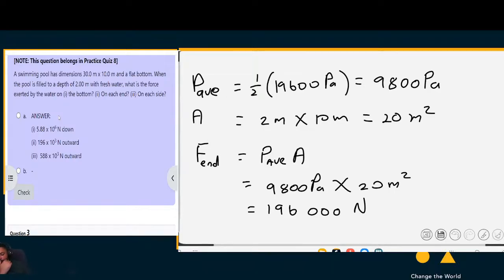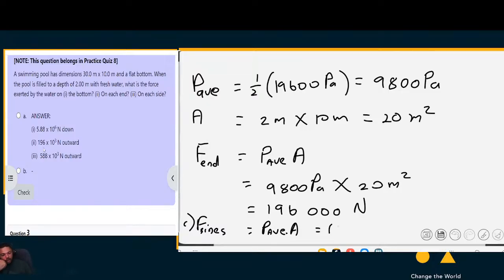And then we do the exact same for the sides. Of course it's the exact same thing for the sides. You just use the average. You use P average because it's going to be the same for the ends and the sides, multiplied by the area of the sides, which in this case is 2 by 30, so it's 60 square meters.